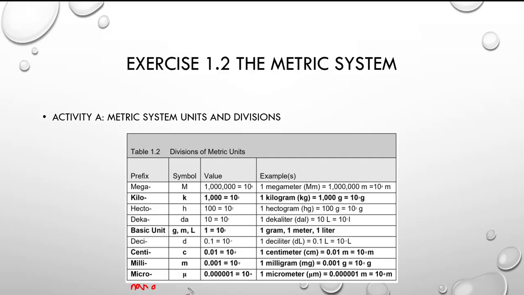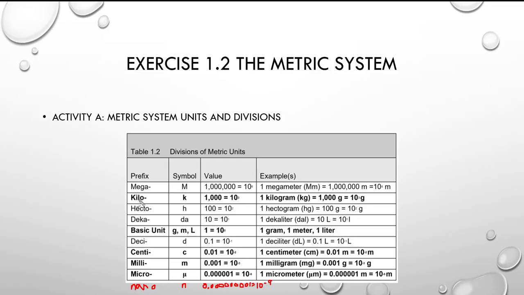Nano, the symbol is an N, and instead of having 5 zeros in front, it's 8 zeros and a 1. So that's 10 to the minus 9.